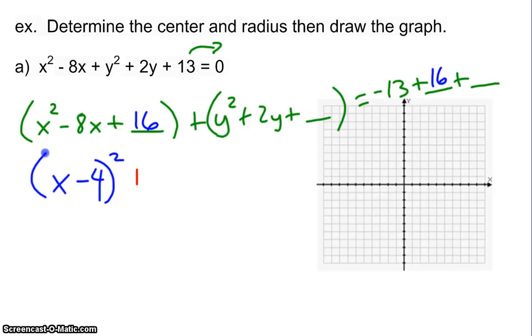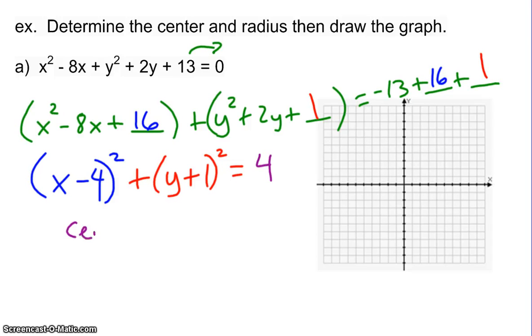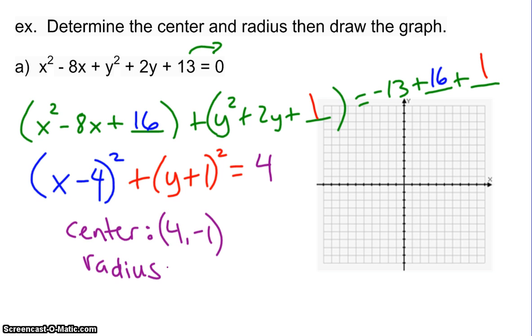I'm going to do the same thing for the y's. Half of 2 is 1, squared is 1, but I can't add it to the left unless I add it to the right. And then when I simplify the right side there, I get 4, which tells me, based off of my formula, that the center in this case is 4, -1. And my radius is the square root of 4, which is 2.